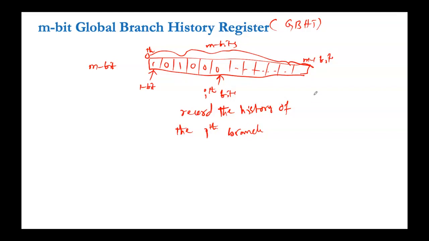Now let us take one example of how to maintain the entries in this M-bit global branch history register. From our previous example, let us take that we are using 2 bits. Suppose M is equal to 2.